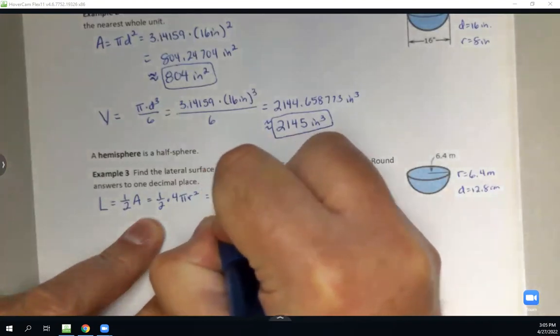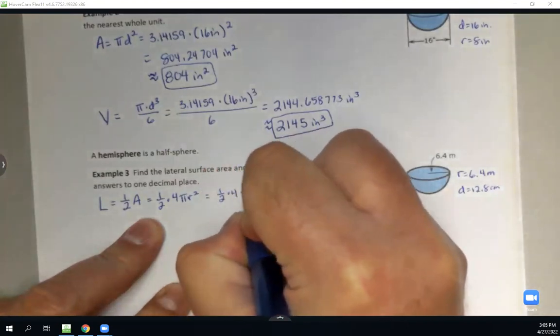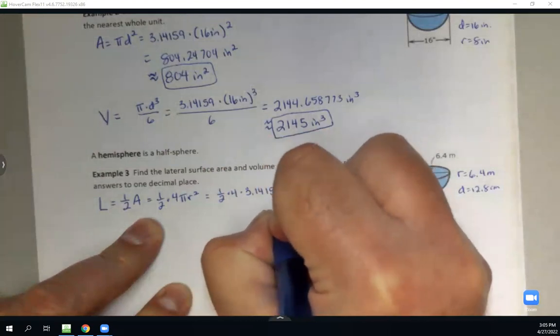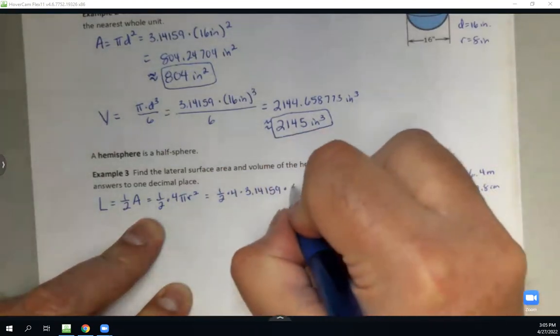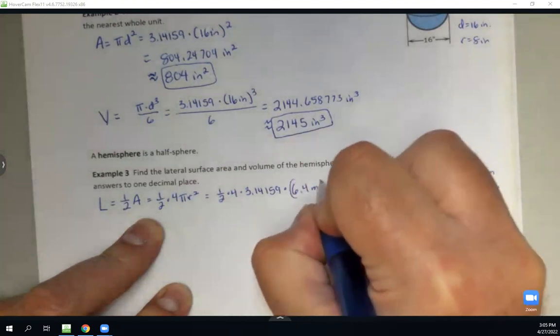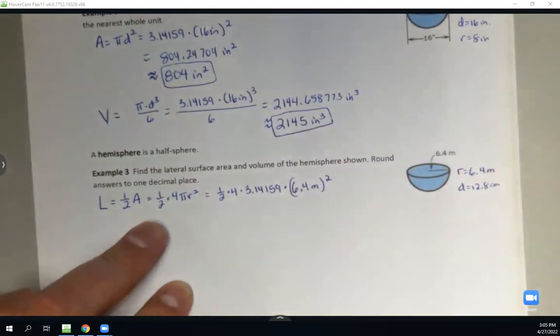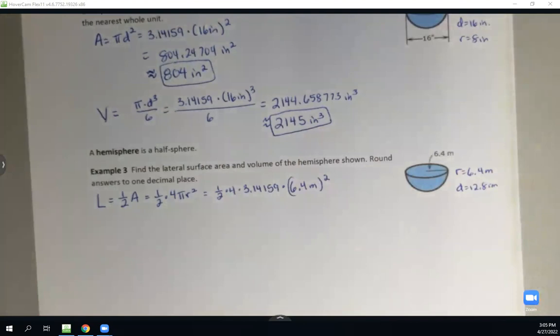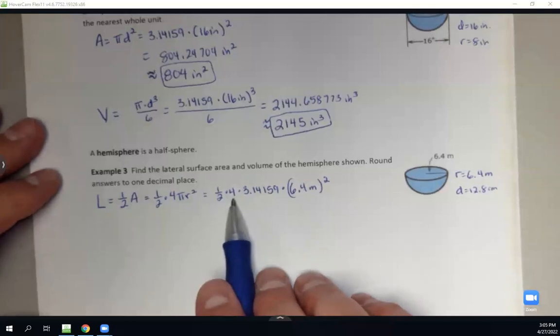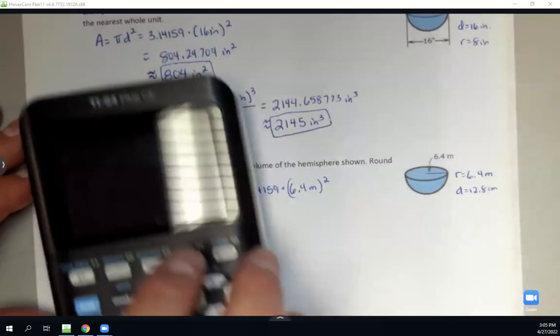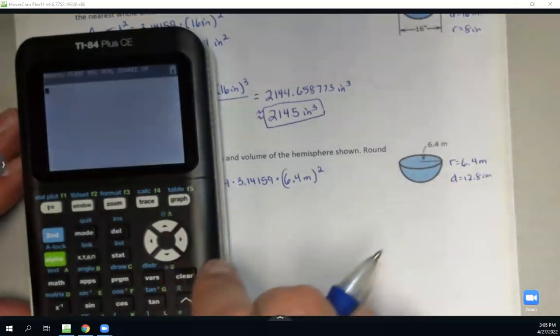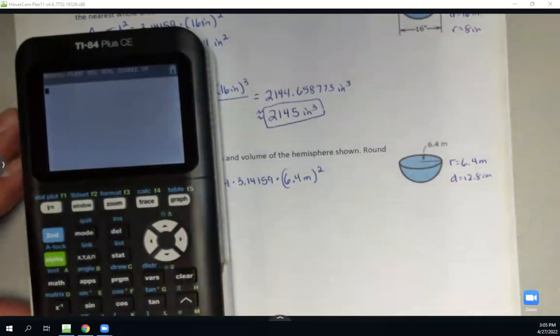So I have 1/2 times 4 times 3.14159 times my radius, 6.4 meters, squared. You with me on that? Now 1/2 times 4 is just going to be 2. So I'm going to just go ahead and punch this all in. So 2 times 3.14159 times 6.4 squared.